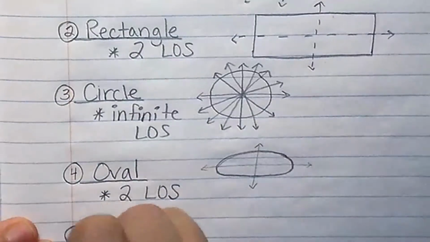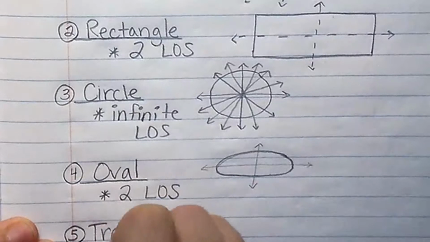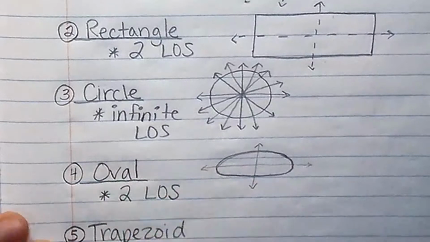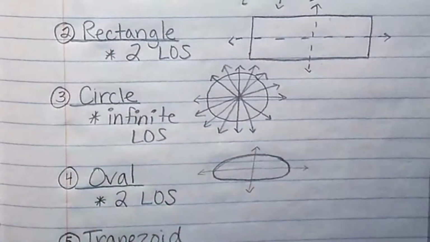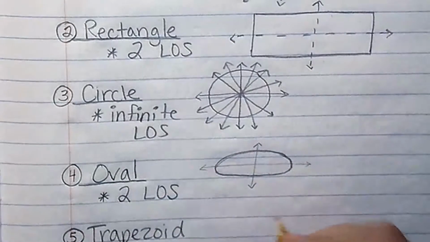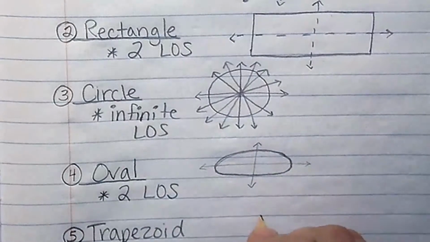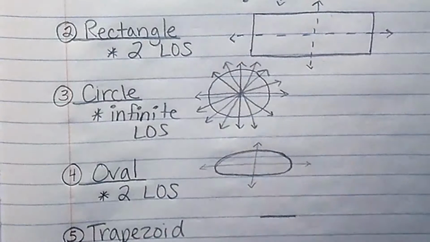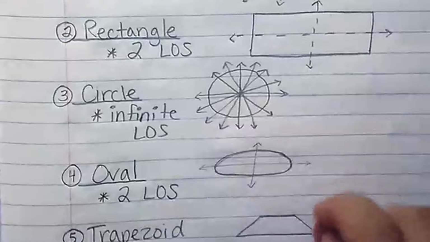Let's draw a trapezoid. When I make a trapezoid, look what I'm going to do. I'm going to trace a short line on the blue line, and I'm going to trace a longer line on the bottom blue line. And then I'm just going to connect both of my corners. That's a trapezoid.